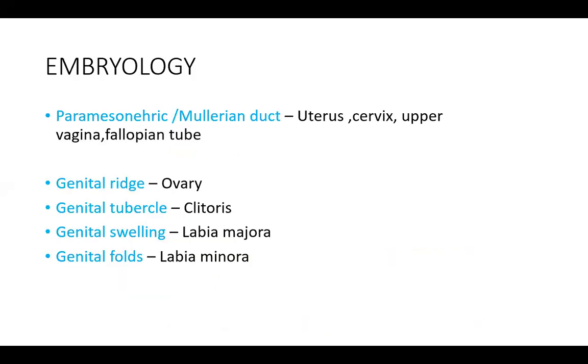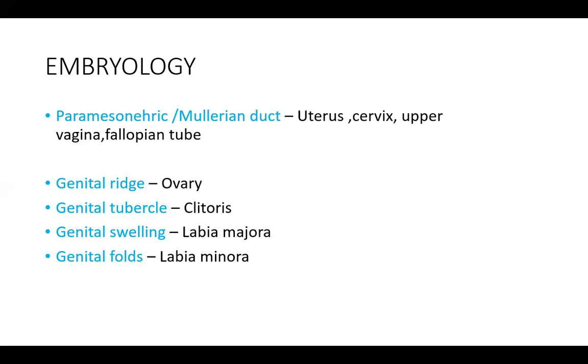Coming to embryology, the most important part to be remembered is the development of the major organs of the female, which are the uterus, cervix, upper vagina, and the fallopian tube, which come from the paramesonephric or Mullerian duct. So, you should remember that the female counterpart of development is the paramesonephric or Mullerian duct.